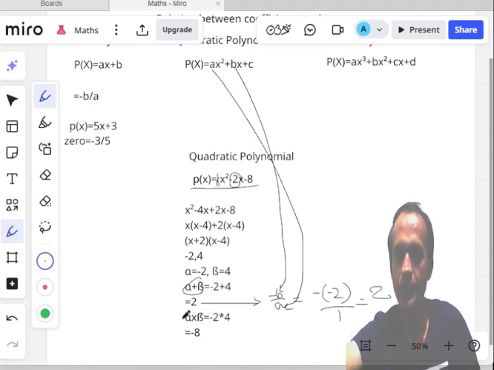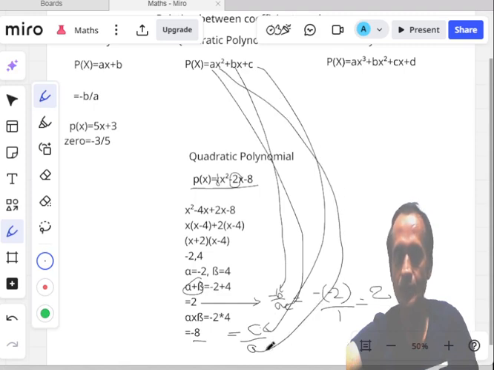If we multiply the two zeros, we get minus 8. But this is equal to c by a, where c is this constant term and a is the coefficient of x square. So in this equation, what is c? C is minus 8, and what is a? A is 1.